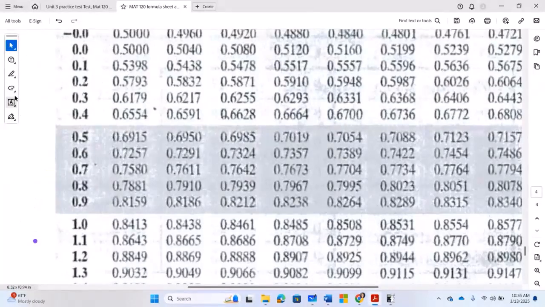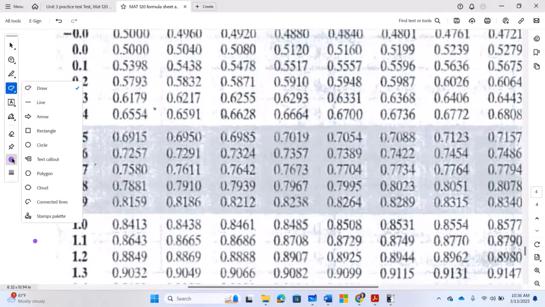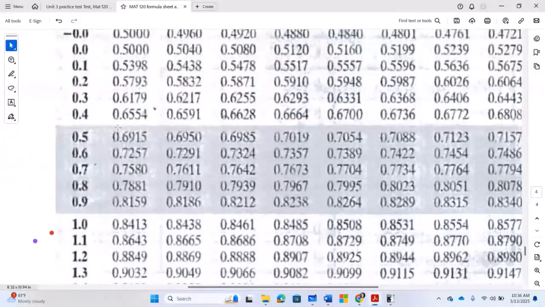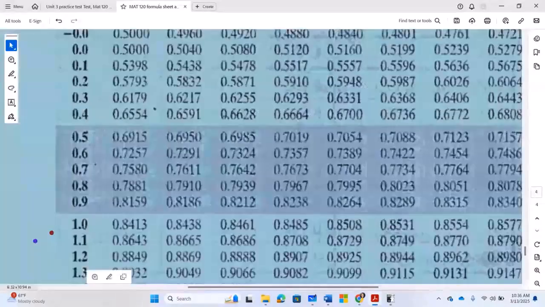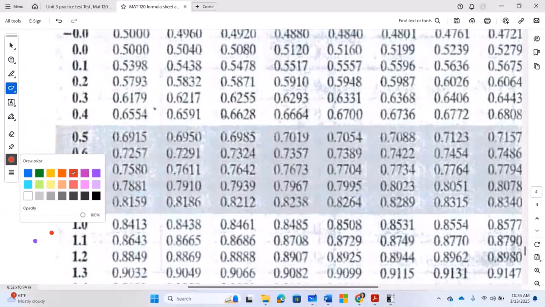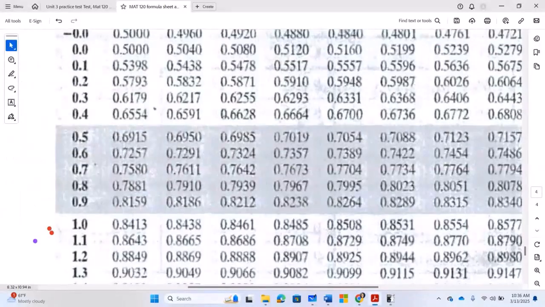That's 0.7 right there. So I see 0.7, and then 0.71.